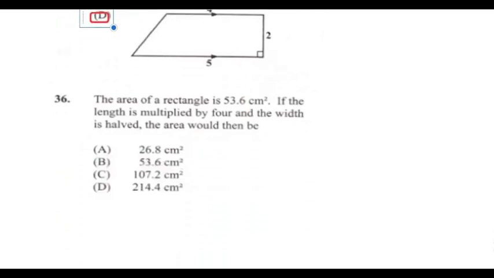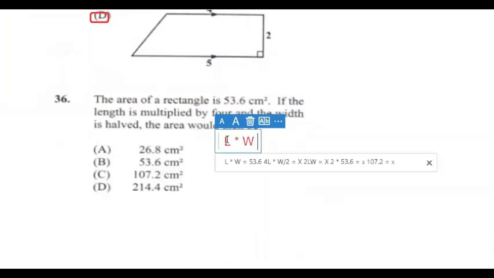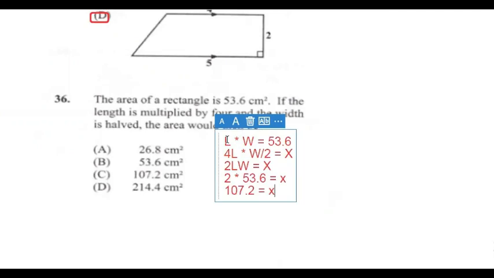36, the area of a rectangle is 53.6. If the length is multiplied by 4 and the width is halved, what would the area then be? We've worked this multiple times. So length multiplied by width is equal to 53.6, and the length multiplied by 4 and the width halved is equal to x. So we're trying to find the new area.